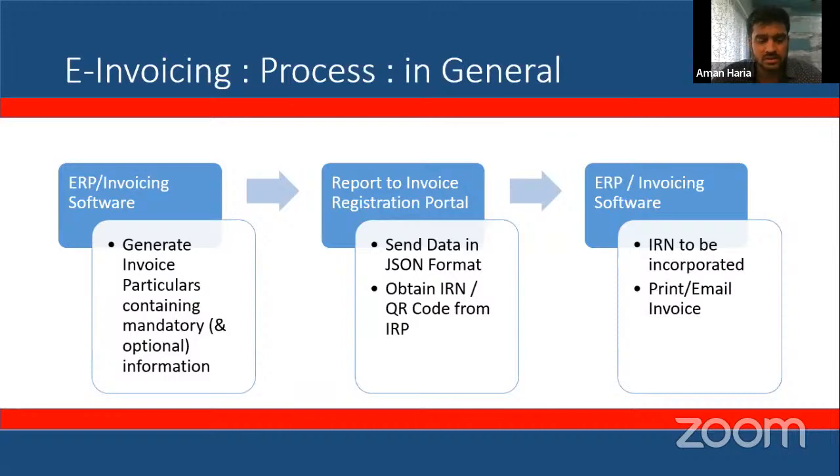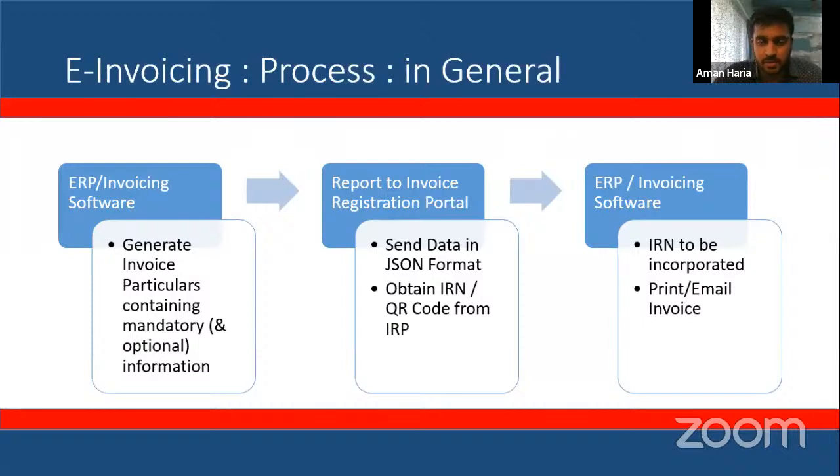Now, once invoice details are fed in your software, you will have to wait. You will first have to extract relevant details from the invoice and enter them into a separate Excel or utility file. That file will create a JSON format, which will then be uploaded on the IRP portal.